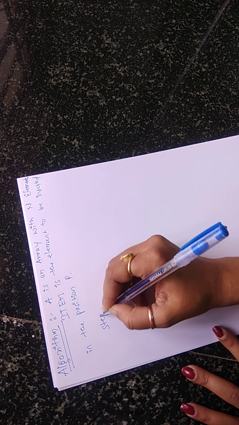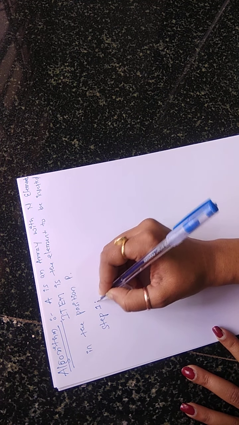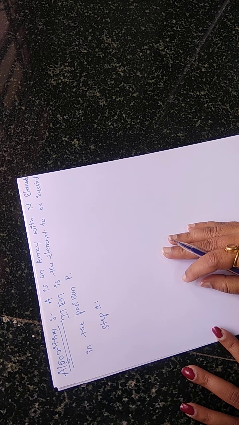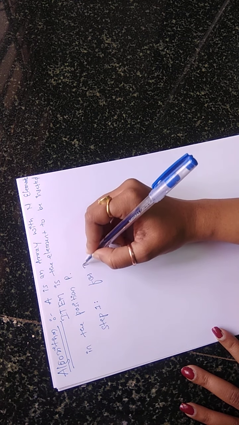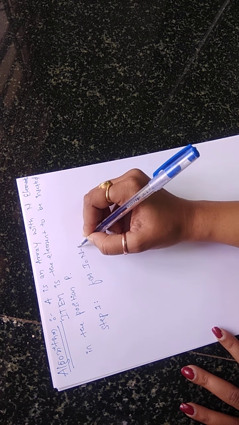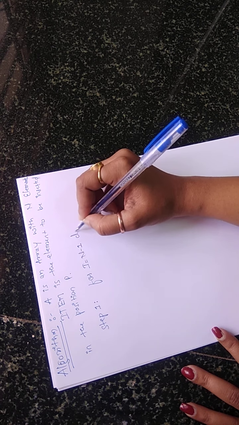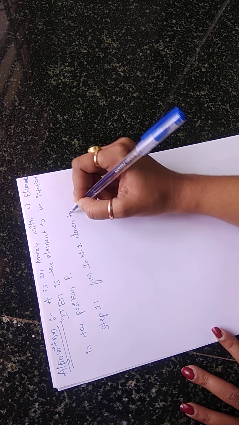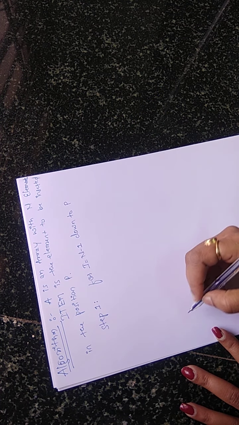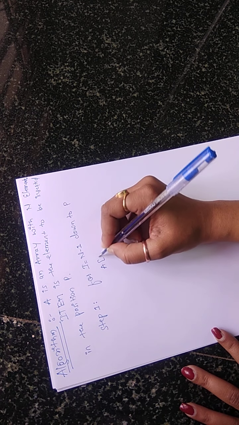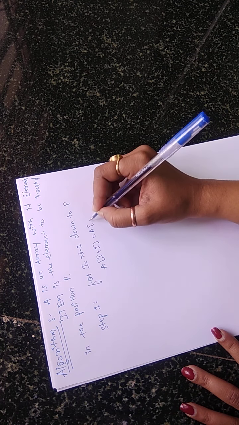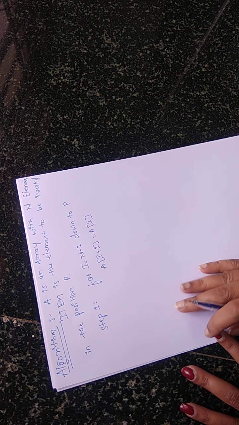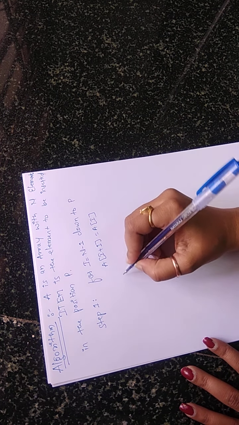Step 1: for I equals n minus 1 down to P, A of I plus 1 is equal to A of I. End of for.